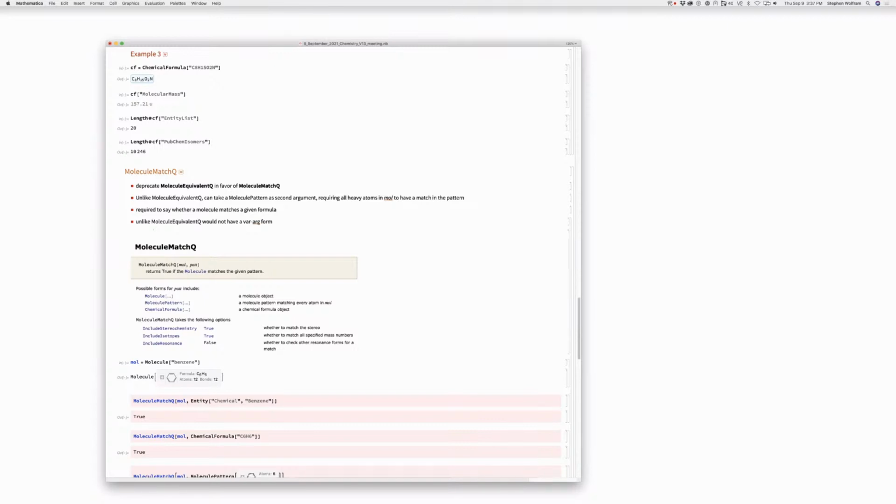And so let's see. One thing we're sliding by here, I have some options there for MoleculeMatchQ that looked reasonable to me. I don't exactly know what this case is here, right? Of whether to care about that order. With resonance or resonance structure?